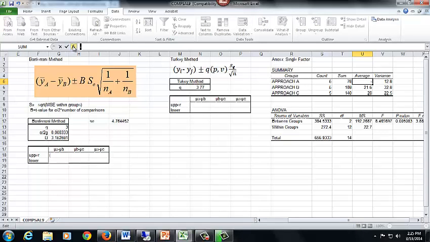All right, so for this upper bound, A minus C. Okay, this is equal to the average of A minus the average of C plus B times SE. Okay, let's put this in parentheses.